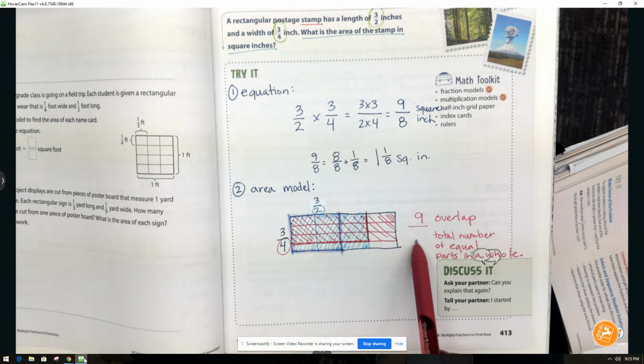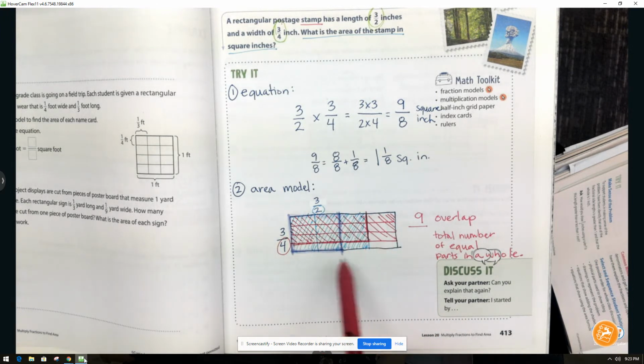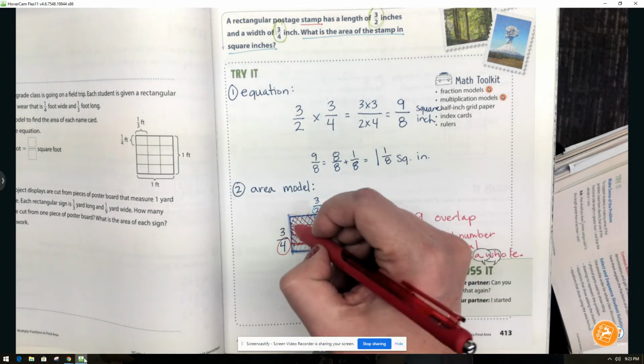When we do the denominator, in the past, we've counted all of the squares to find out what the denominator is. When we have to draw this extra whole over here, when we get to the denominator, we kind of have to forget that it's there. We only want to know how many equal parts are in the whole.